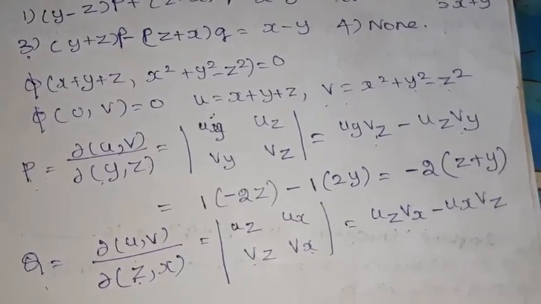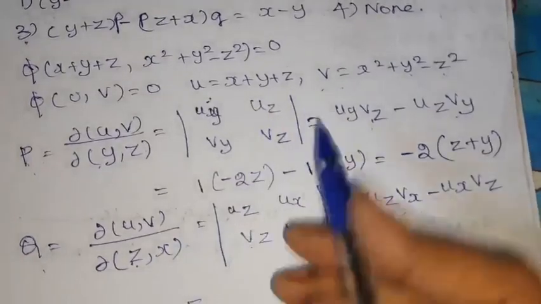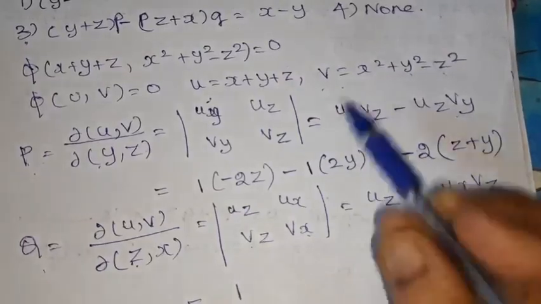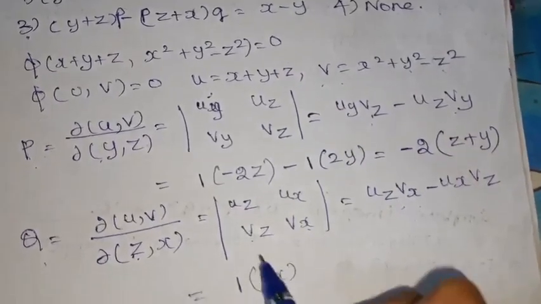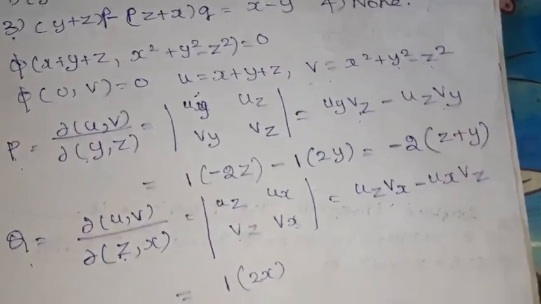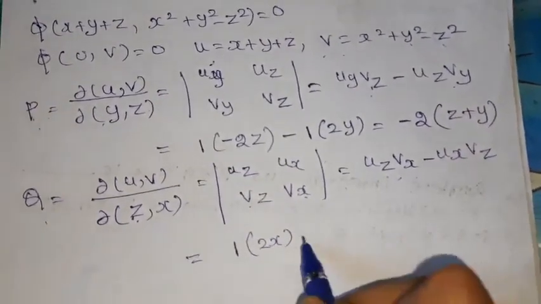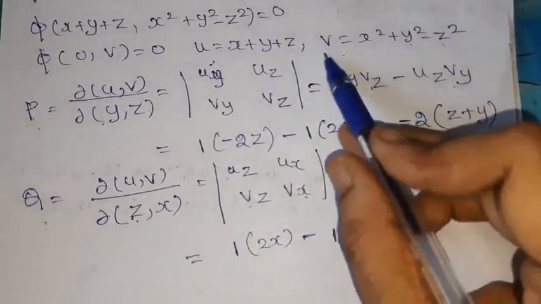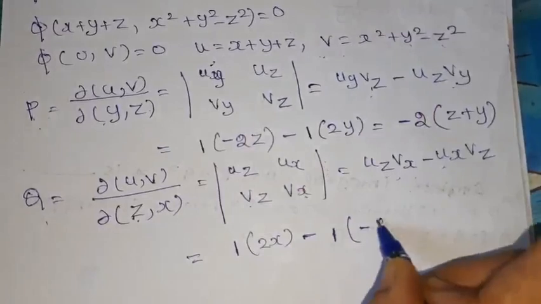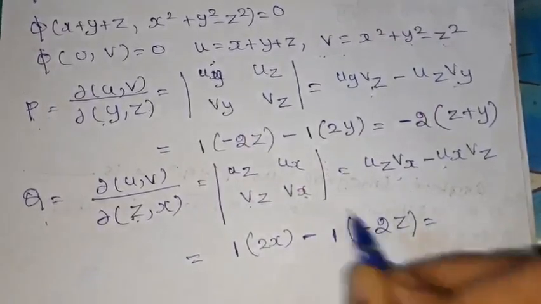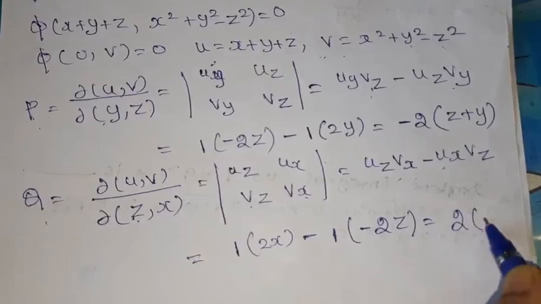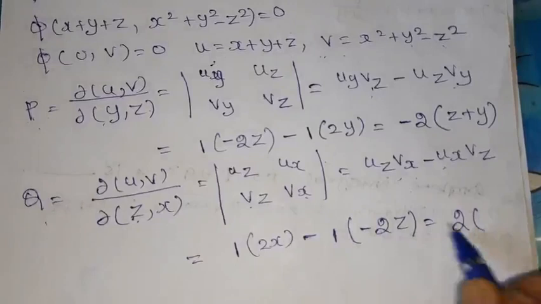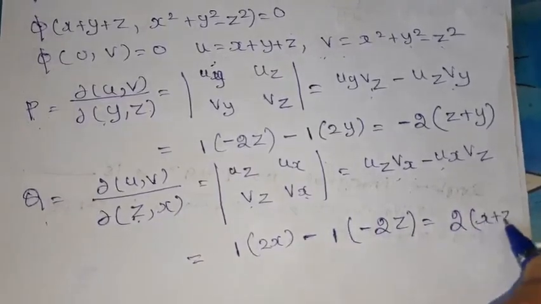Uz equal to 1, vx equal to 2x, minus ux equal to 1, and vz equal to minus 2z. So minus into minus is plus, plus 2 into plus 2, taking 2 outside, x plus z.